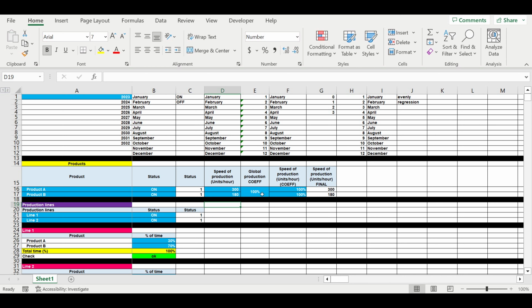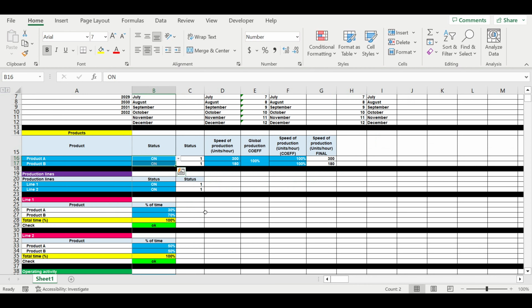First of all, I would like to give a short overview of what we did during previous tutorials. So we have a financial model where all the inputs are marked with these blue colors. We have two products, product A and product B. We can switch each product on and off from calculations. We have two production lines which we can switch on and off.